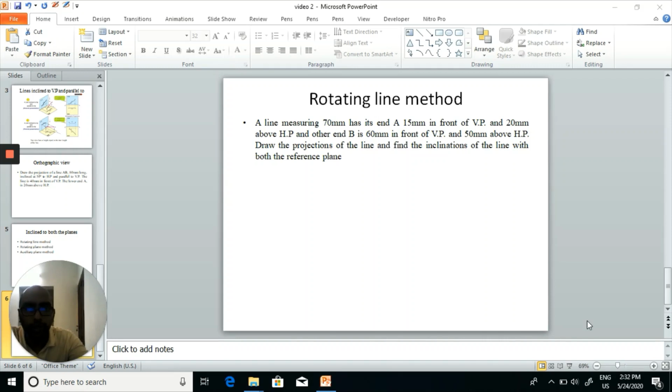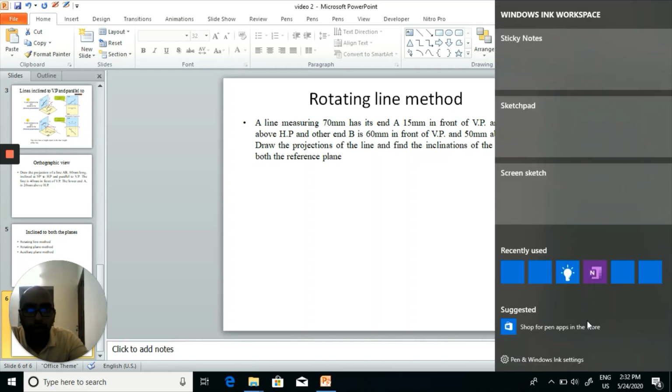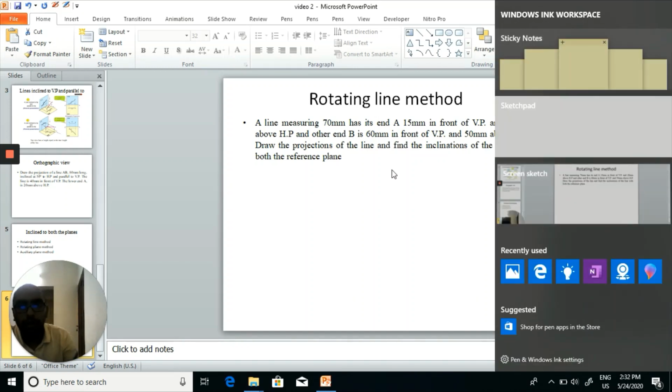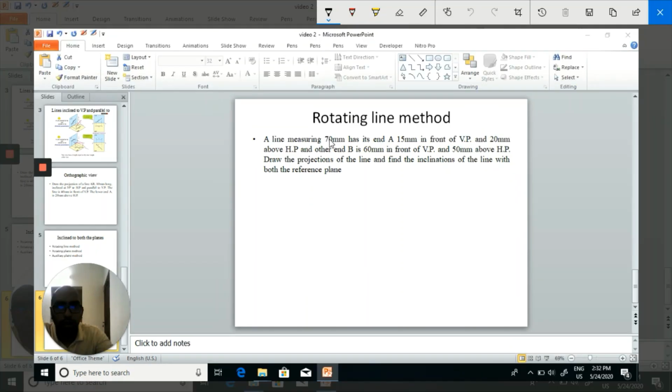So a line AB is given, which is 70 mm long. So the true length of the line is given. Then point A of the line AB is situated 15 mm in front of VP and 20 mm above HP.